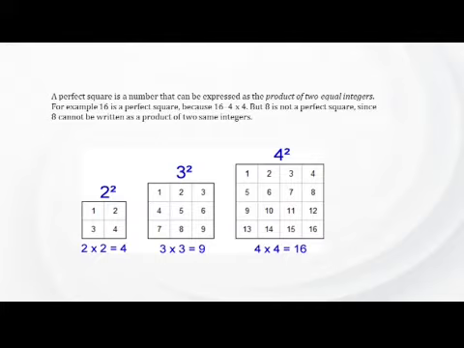For example, 16 is a perfect square because 16 is equivalent to 4 into 4, but 8 is not a perfect square since 8 cannot be written as a product of two same integers. It is clear that a perfect square must be a non-negative integer. Therefore, we conclude that the square of any integer is a perfect square.